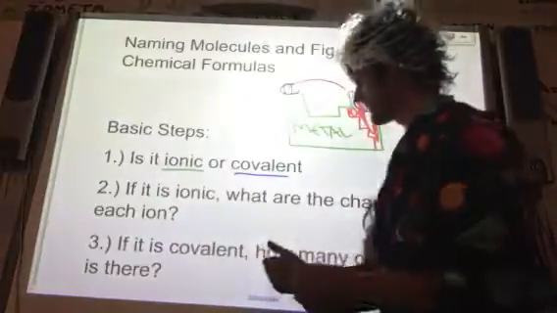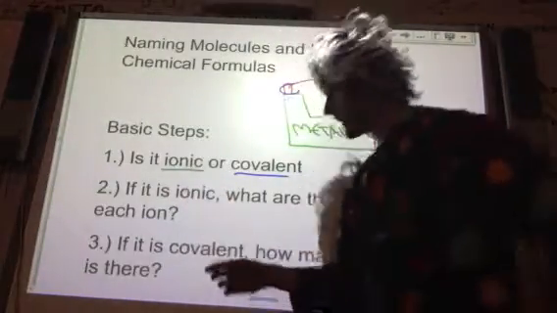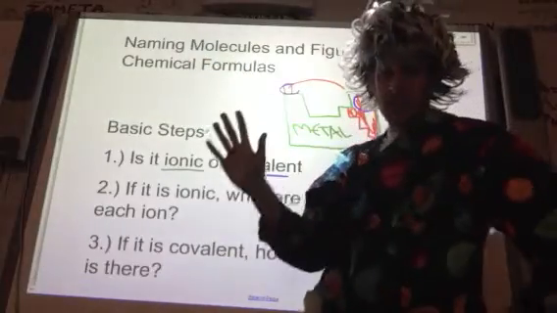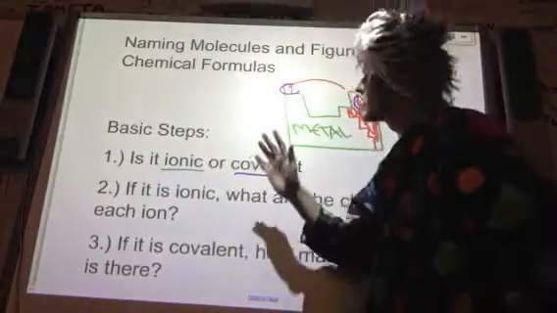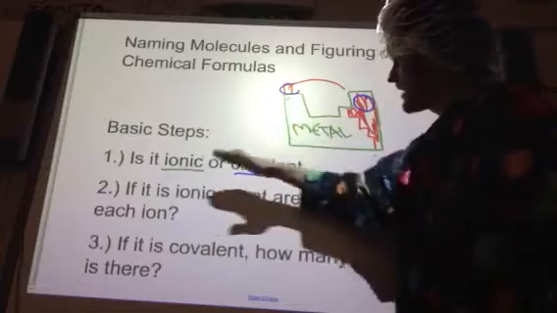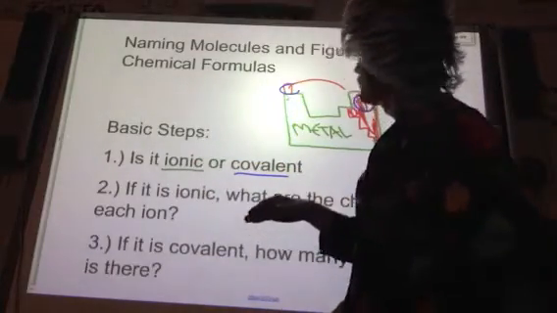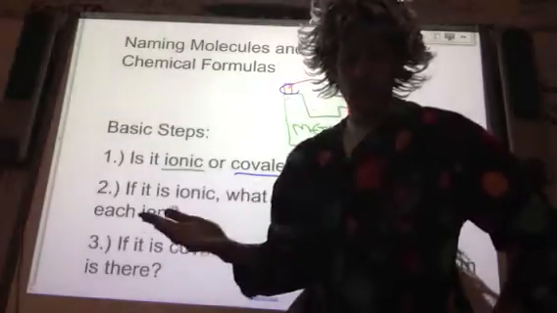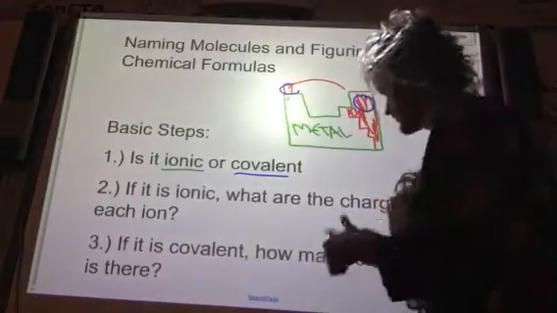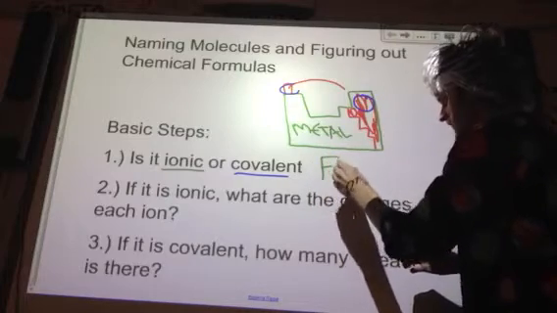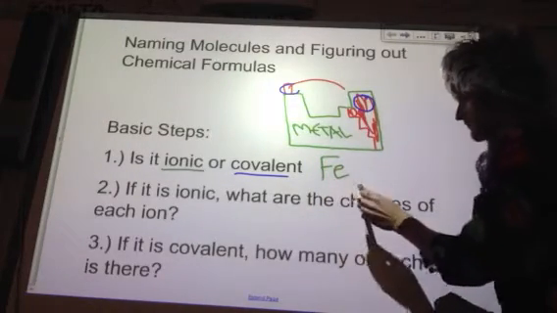Good, all right. So, step one in figuring out how to name these molecules is to figure out: is it ionic or covalent? All right, that's simple enough. Let's try one. Let's see here. Fe, that's iron.